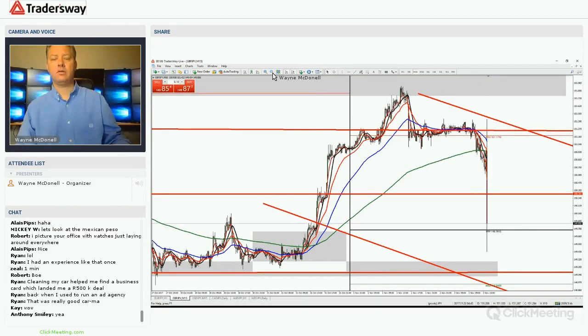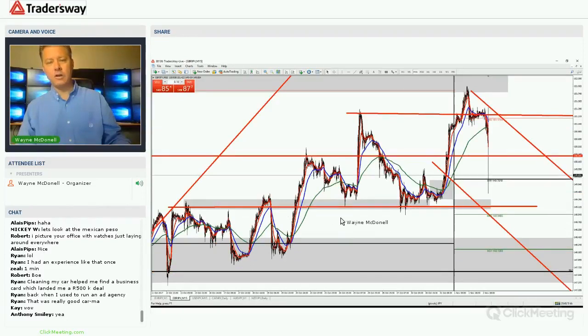So if we drop below this line here, that's very bad. Bad, right?